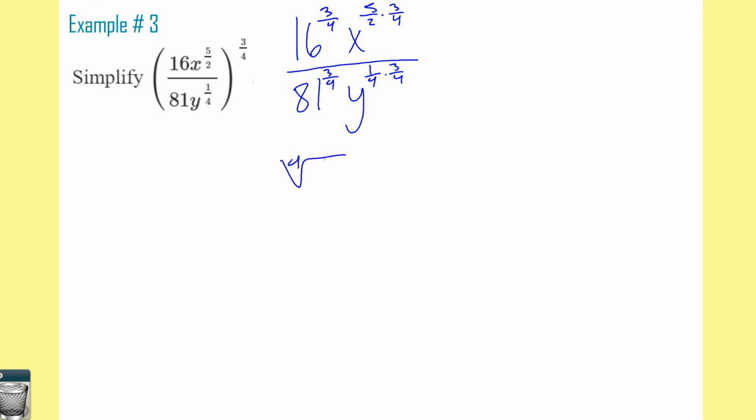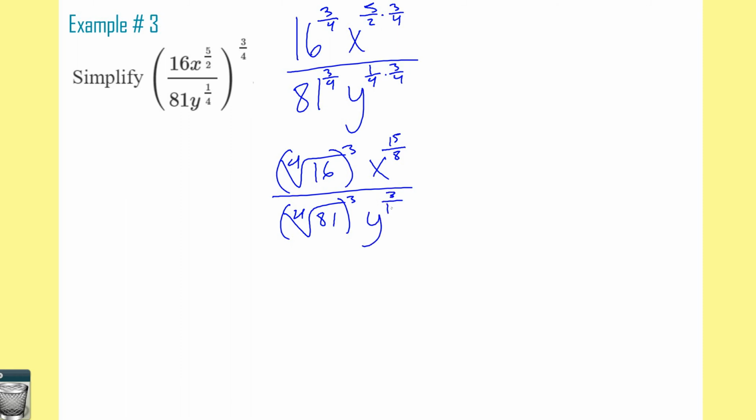So I'm going to do the 4th root of 16 and then cube it. X, I'm going to go ahead and multiply those. So I'm going to get 15/8. And then down here, I'm going to get the 4th root of 81 and cube that. Then here I get y to the 3/16.